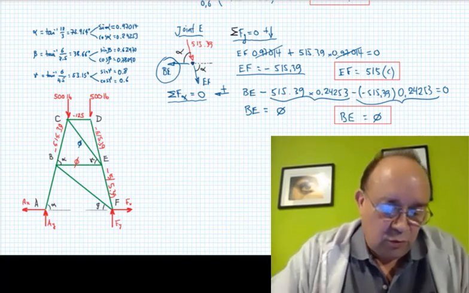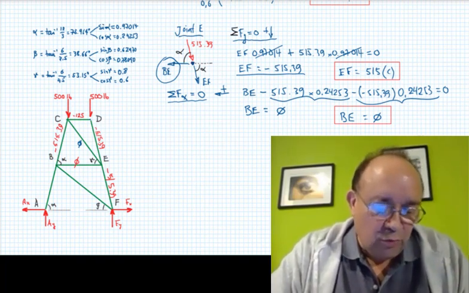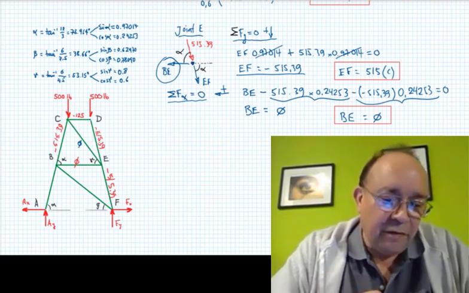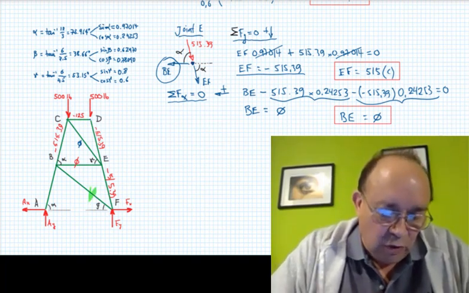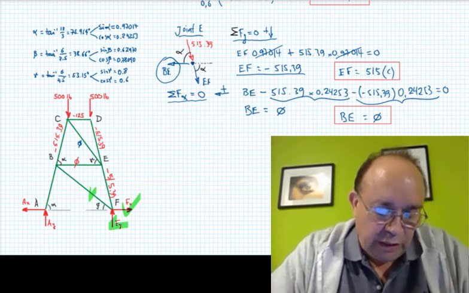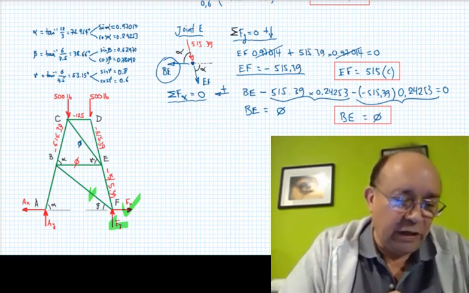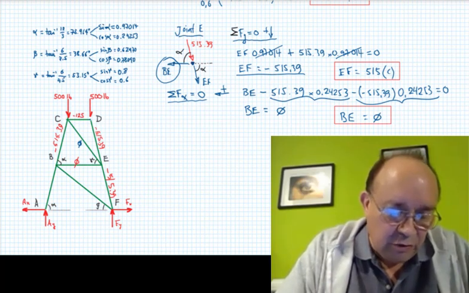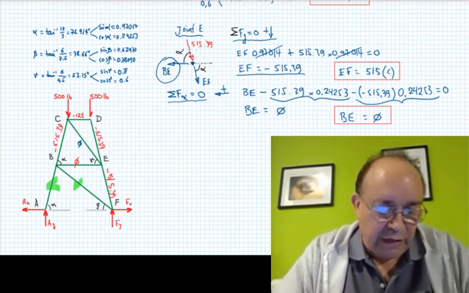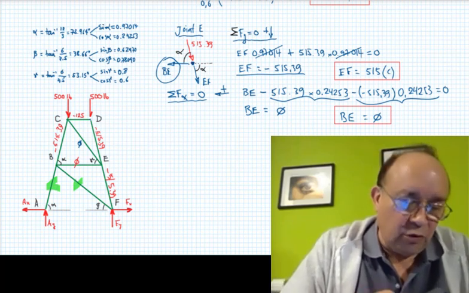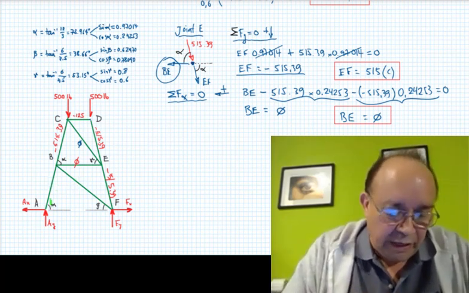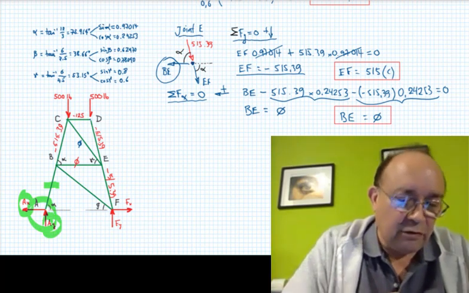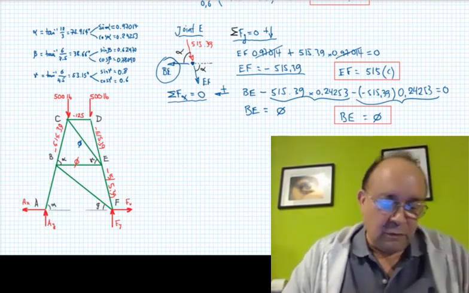Now we can do joint B. We cannot do joint F, because joint F has 1, 2, 3 unknowns, so we cannot do F. And B, we can do B because we have only 1 and 2 unknowns, so we can do B. We cannot do A because A has 1, 2, and 3 unknowns.